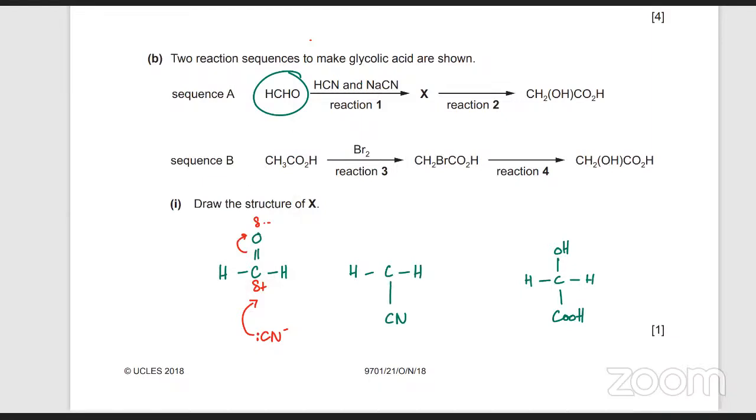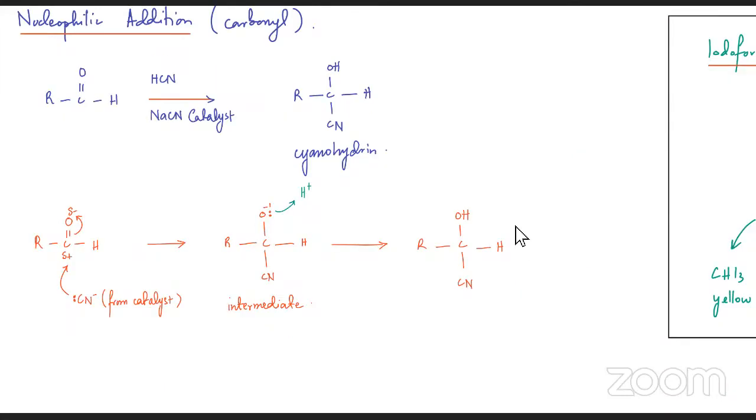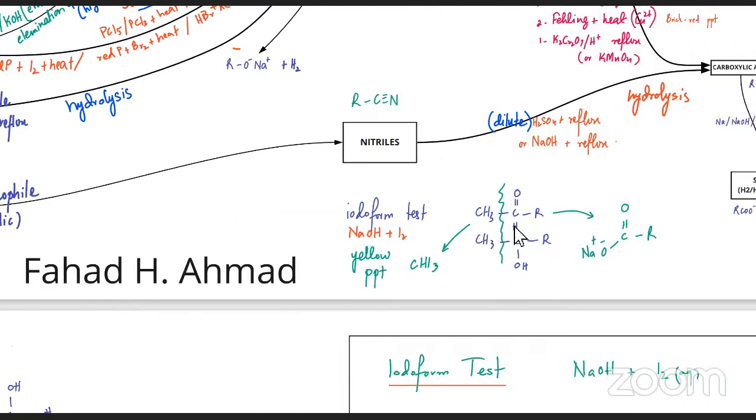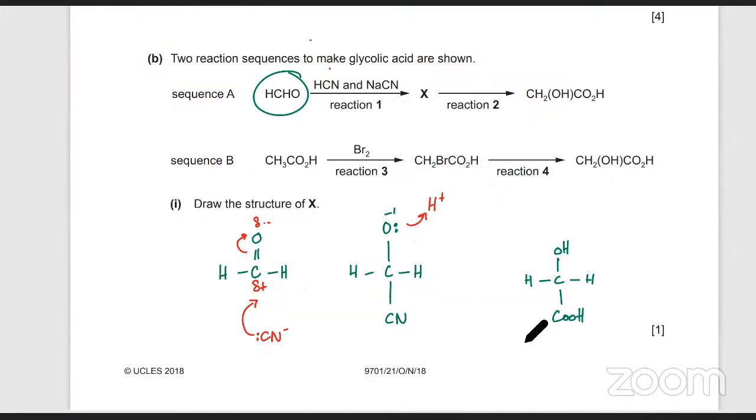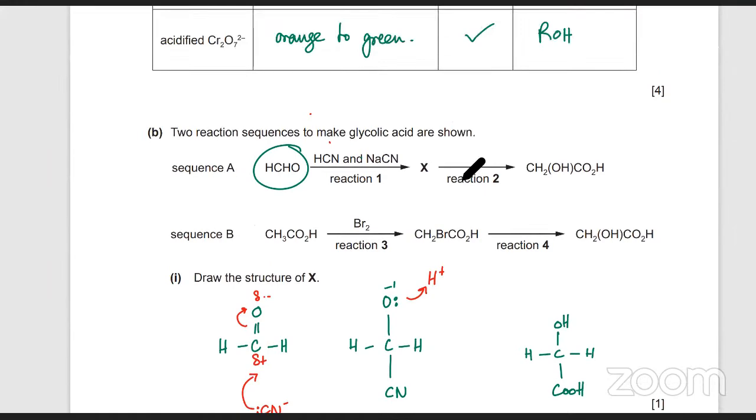The CN would bond over here, and the oxygen will accumulate the electrons at the top, where they join with H, and that's how you get an alcohol at the top. So it's a cyanohydrin, and any nitrile can be hydrolyzed and turned into a carboxylic acid. So that is what you're going to get. That's the next part, so this is hydrolysis.